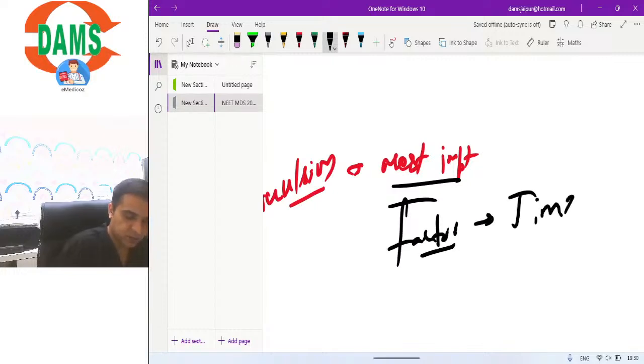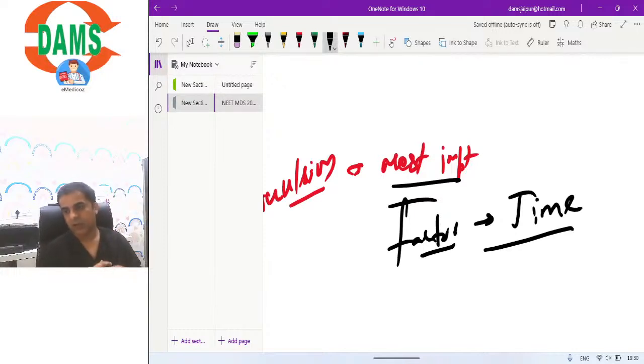The most important factor is time. The sooner you replace it, the longer are the chances of tooth survival, right? So within 10 minutes reimplanted, be the root incomplete or complete, the chance of success is more, right?